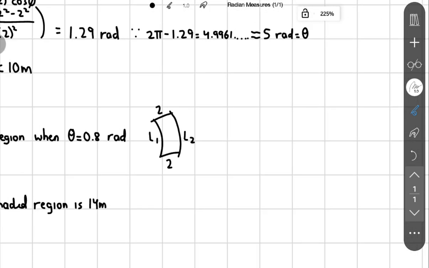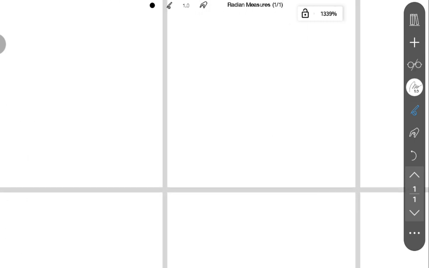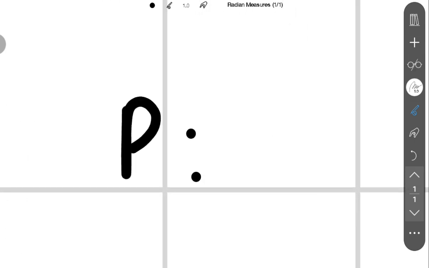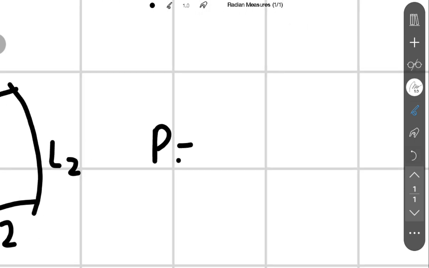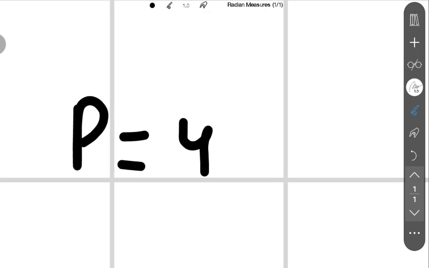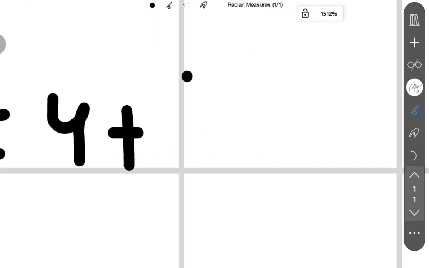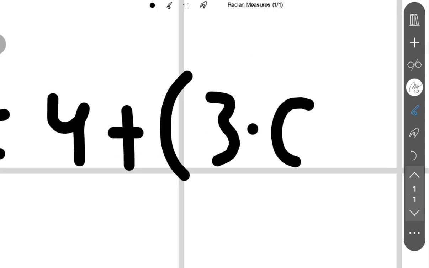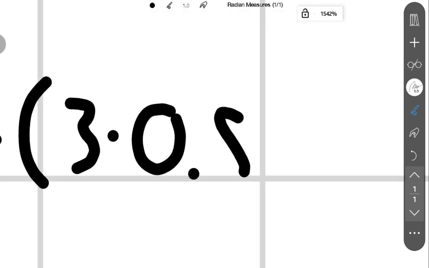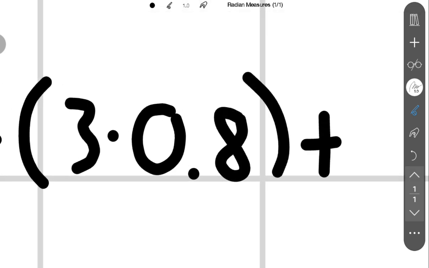So let's first of all sum up everything. We have P, which is basically the perimeter, equal to 4 plus 2 plus 2 plus 3 times 0.8 for the first arc, plus the second arc.